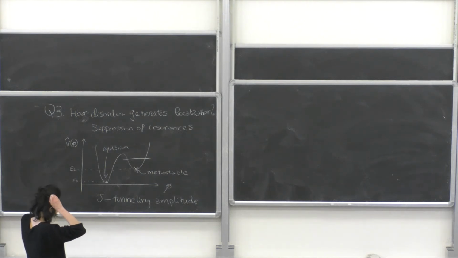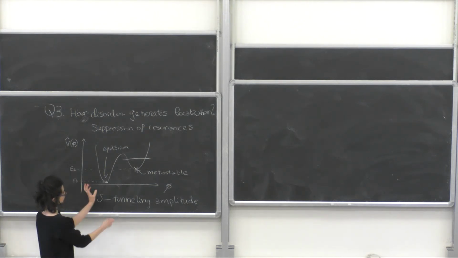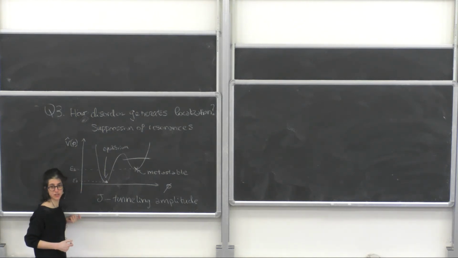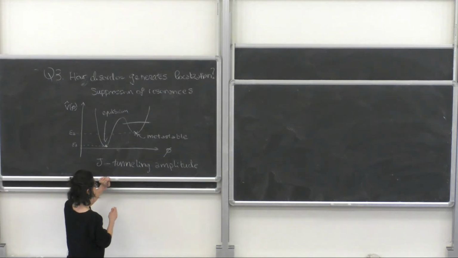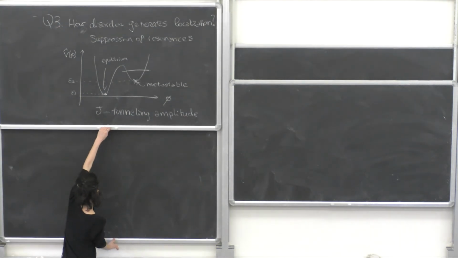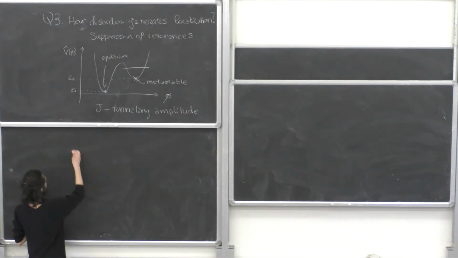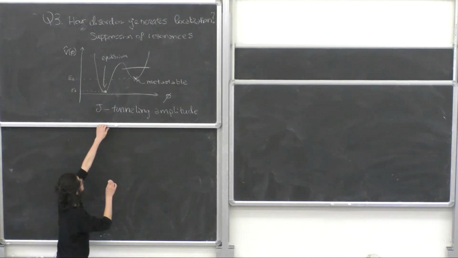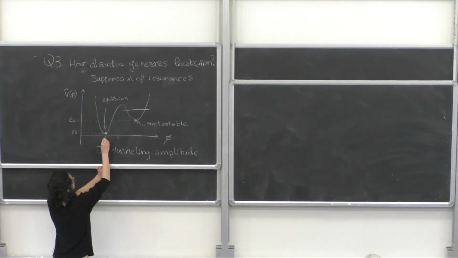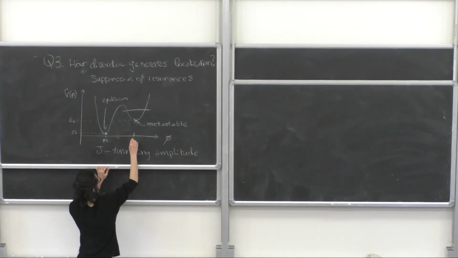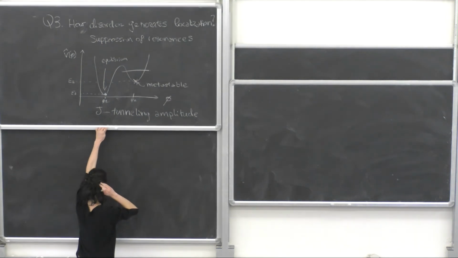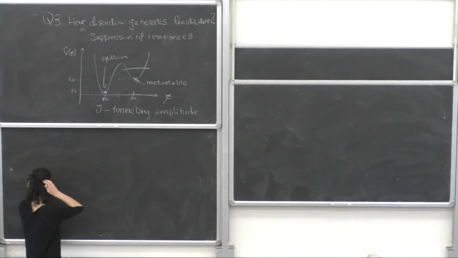And I write down a toy model, which is just a two-level system. So I identify each of the two wells with a state. So my configurations, if this is phi 1 and this is phi 2, I write down a simple 2 by 2 Hamiltonian.